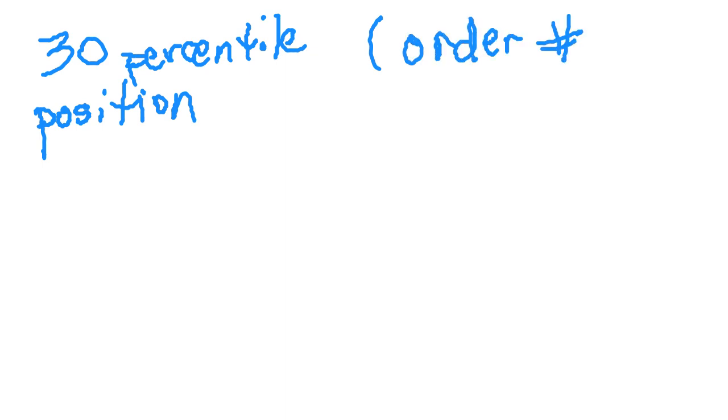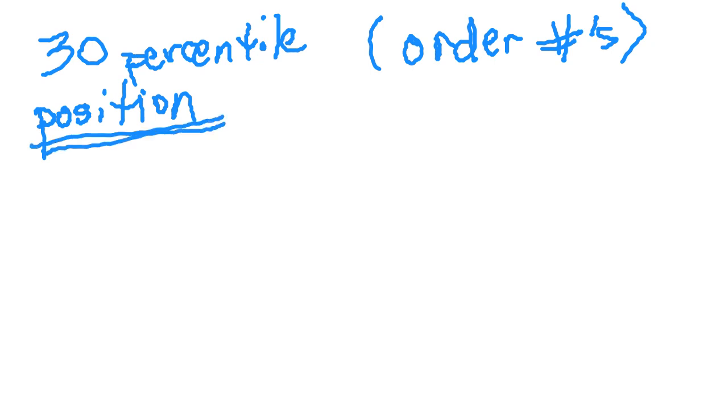Okay, so if I want to find the 30th percentile in my list, first I do the position that the number's in. That's why they have to be in order. So the first thing you do is order the numbers, which we've already done, and then we find the position of the 30th percentile.